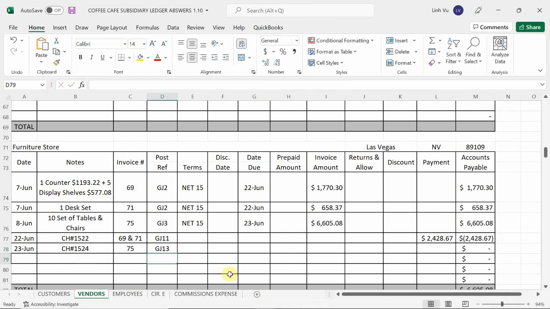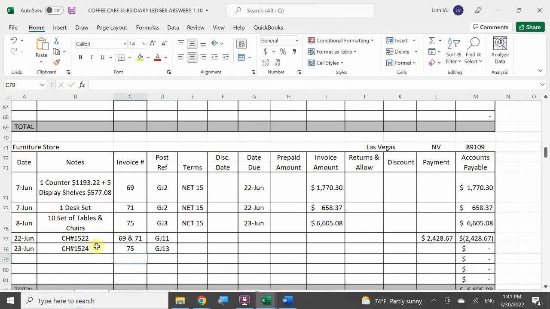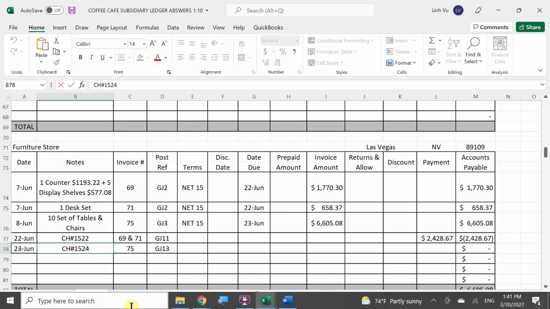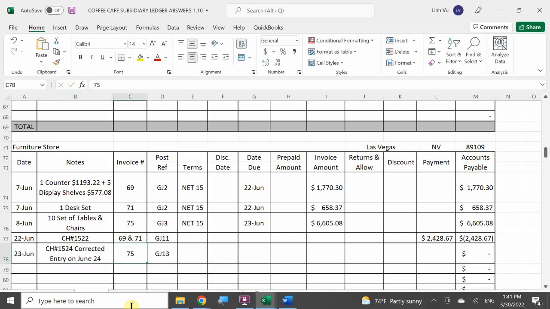And if you want to make a note here saying corrected entry on June 24. In this case, it was due on the 23rd, so we were assuming that we already made the payment, but yes, we're going to pay on the 23rd.